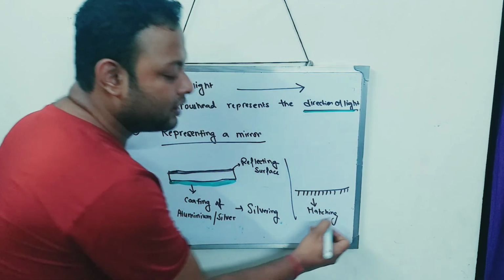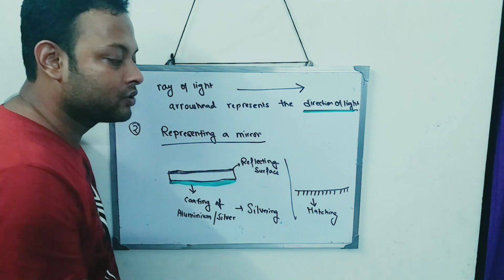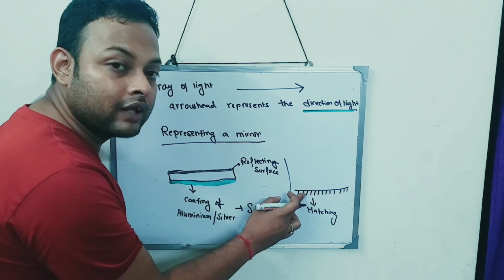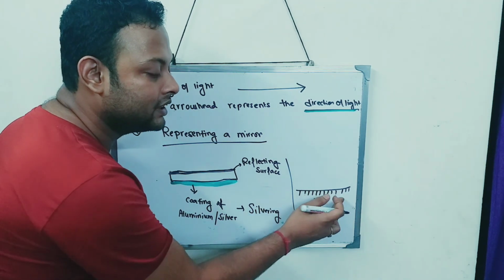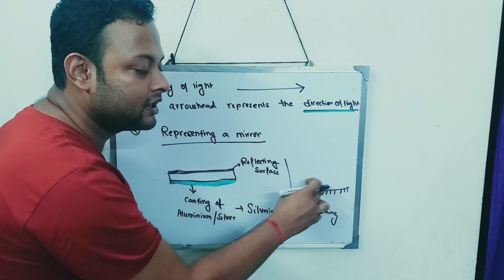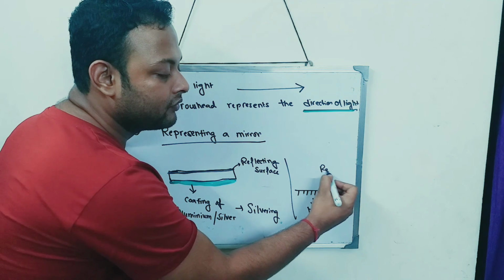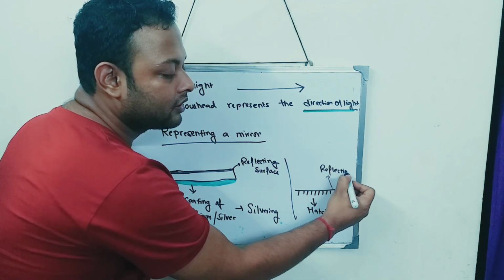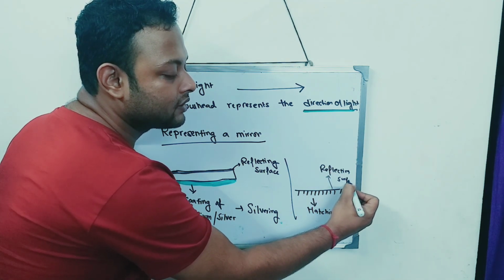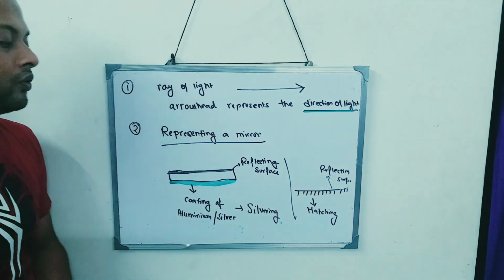So this is how you represent a mirror. This is the side which you coat with aluminum or silver, called hatching, and the top surface is the reflecting surface. So that is how you represent a mirror.